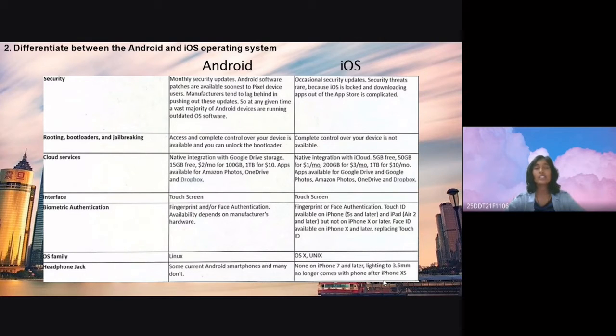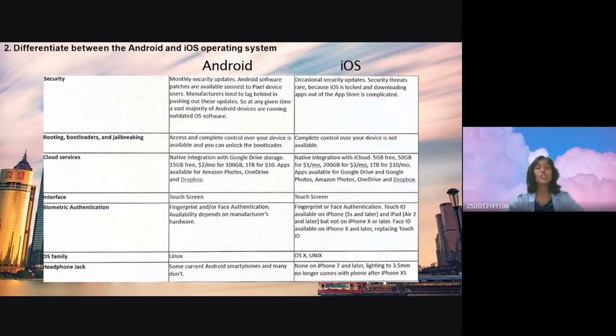The interface for Android is touchscreen. The interface for iOS is touchscreen, the same as Android. The biometric authentication for Android is fingerprint and face authentication. Fingerprint and face authentication availability depends on the manufacturer's hardware.